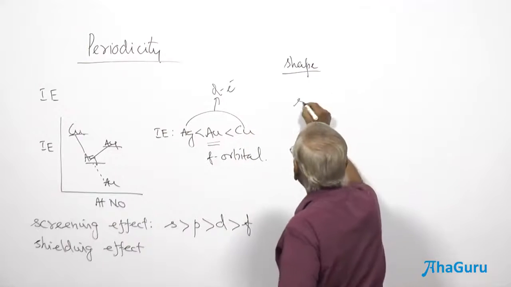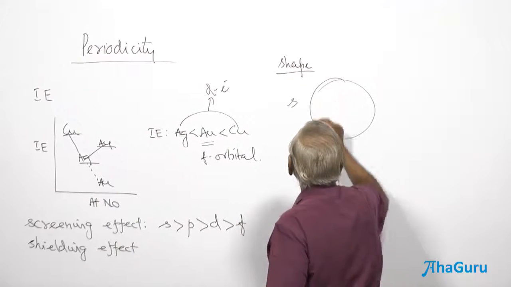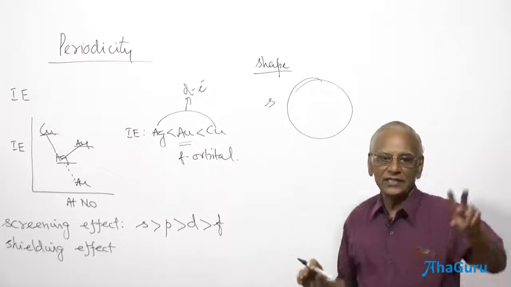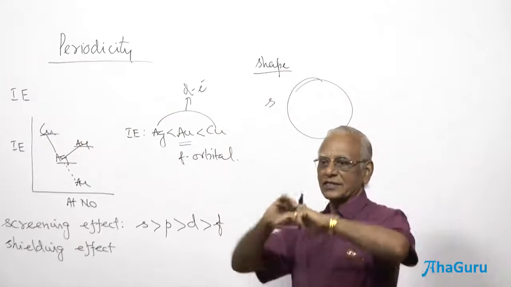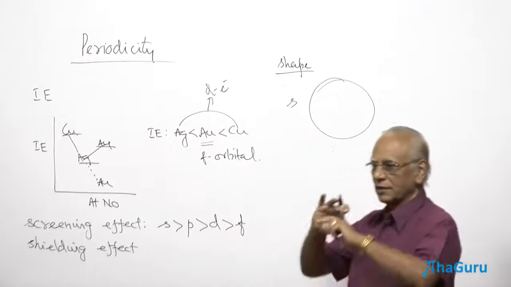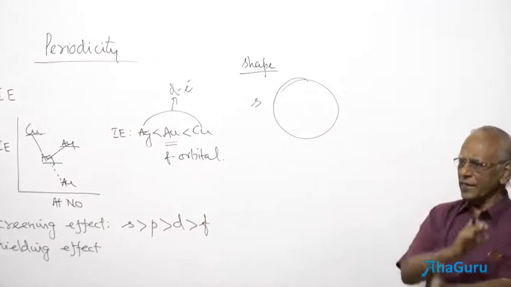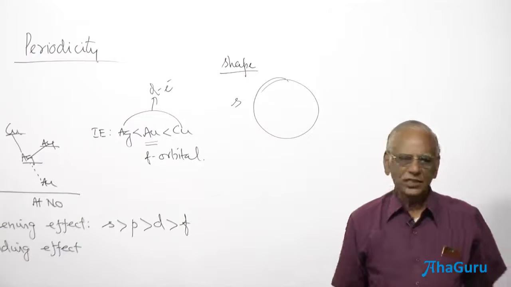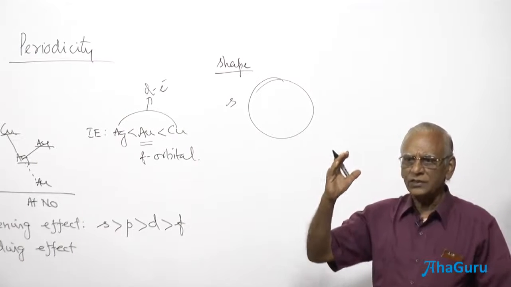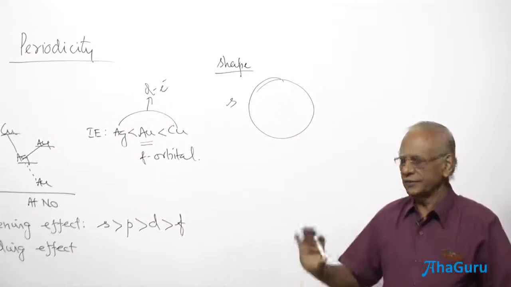S orbital is spherical. So, you have the nucleus in the center. Let us assume that the nucleus is completely covered by the s orbital because it is spherical. And the greater the number of s electrons an element has, the greater the shielding effect.